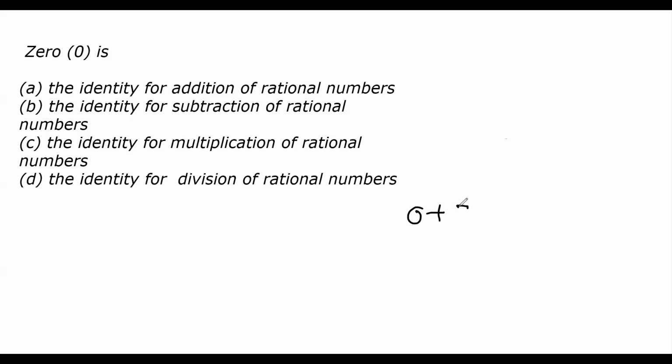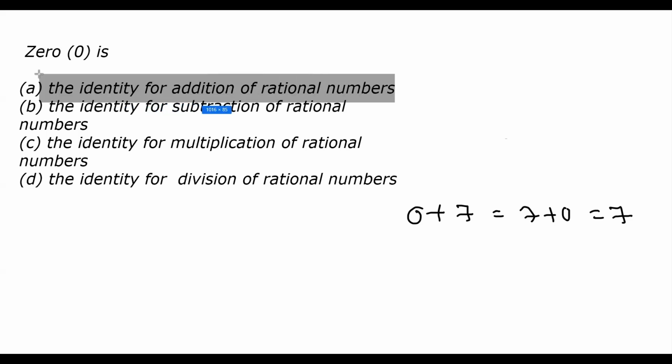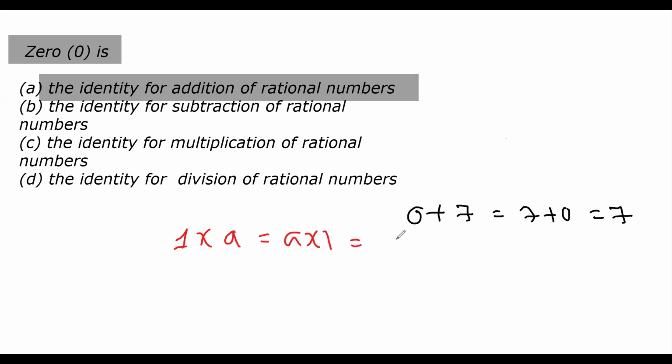If I add 0 with 7, or 7 with 0, what do we get? We get 7 only. So we say that 0 is the additive identity, or identity of addition. In fact, 1 is called the multiplicative identity, because 1 multiplied by any number, say a, or a multiplied by 1, results in a. Therefore, 1 is the multiplicative identity and 0 is the additive identity.